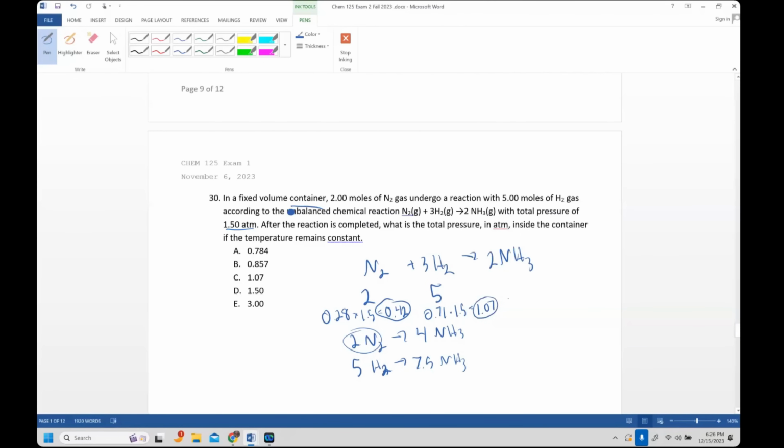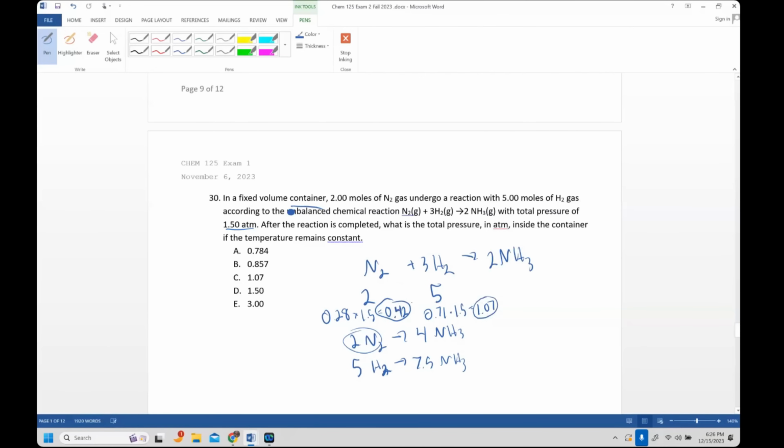Okay, so based on those pressures, we don't even have to use the moles. We can use the pressures directly to figure out how much atm is left over for each reactant. But we know that N2 is limiting, so the N2 completely goes away. It will create, since we have 0.42 atm, and the ratio is a 1 to 2.